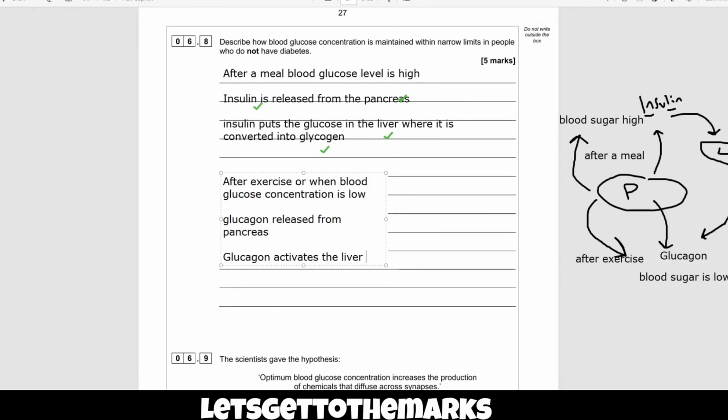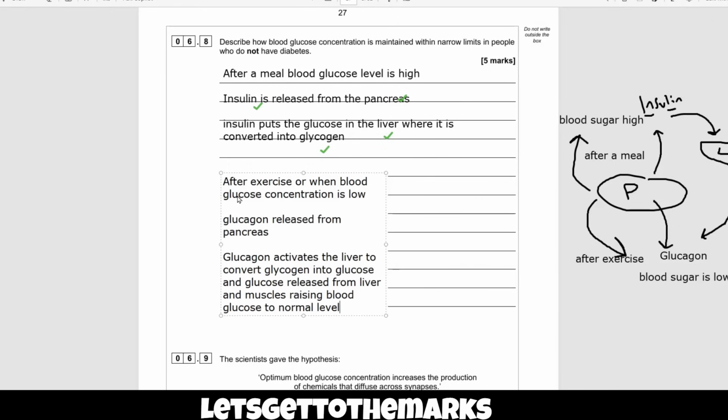Glucagon activates the liver to convert glycogen into glucose, and glucose is released from the liver, and the muscles, raising blood glucose to normal level. Again, it should be blood glucose concentration, but I don't want to be typing from here to eternity.